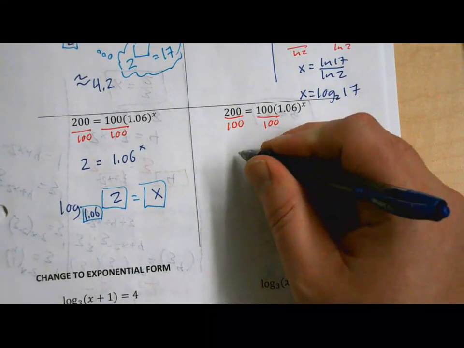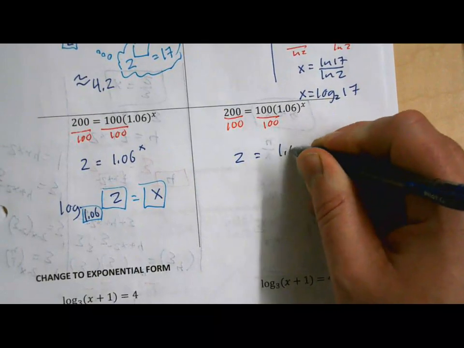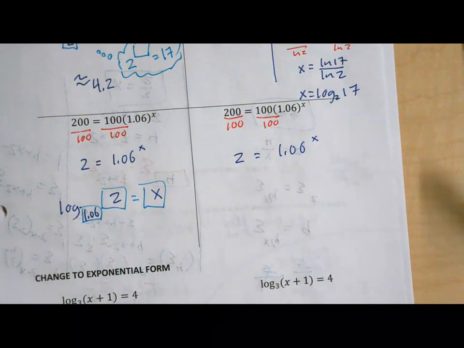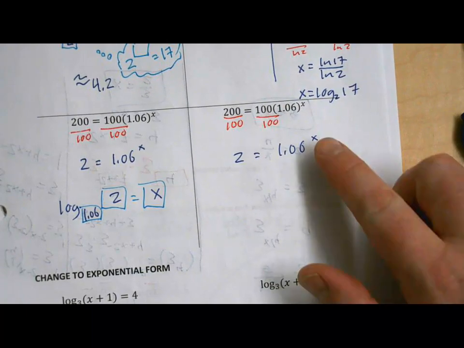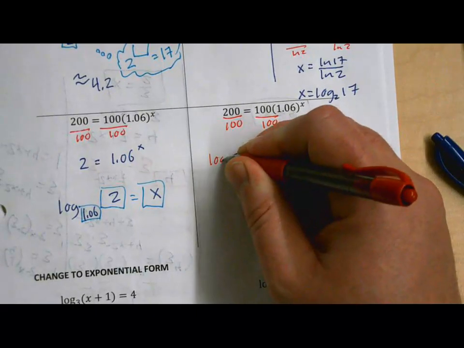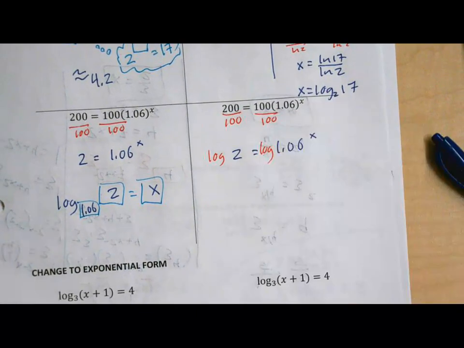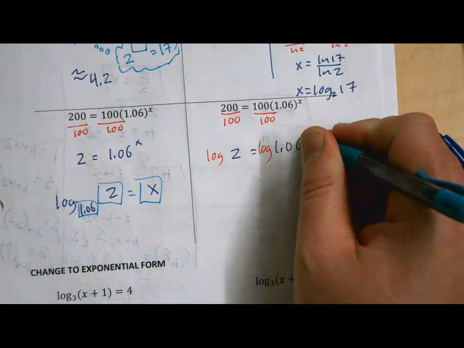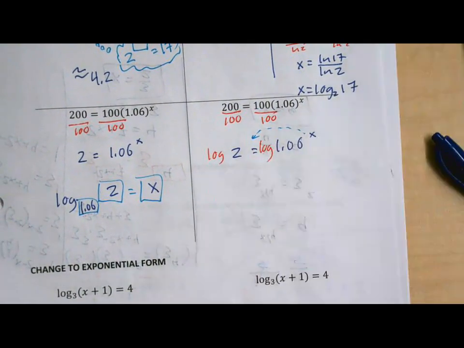So if I looked at this and said, I can pull that x out of there if I take a log on both sides. It doesn't matter what type of log I take on both sides. I'm going to do a common log this time. That's going to allow me to bring that x out of the exponent.